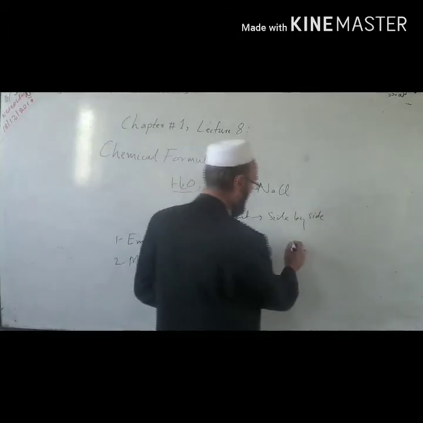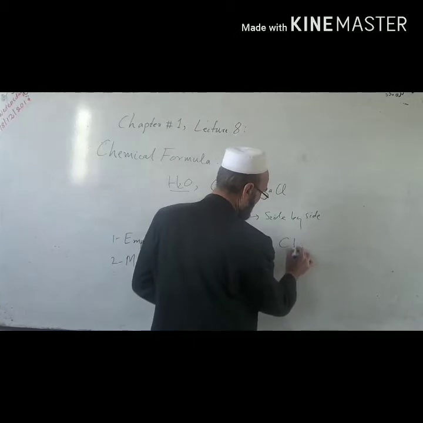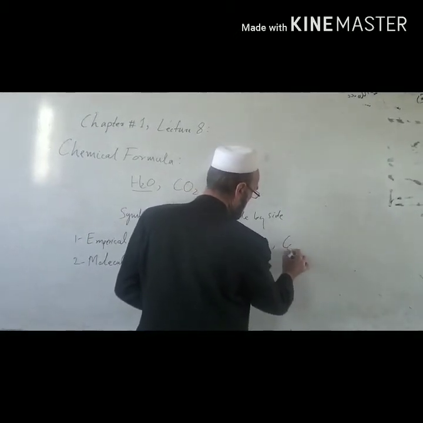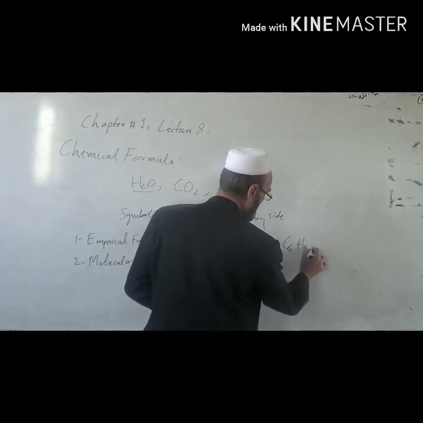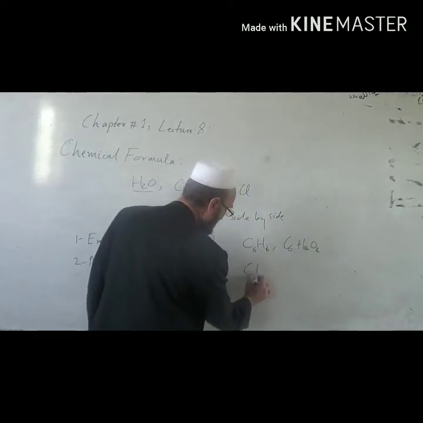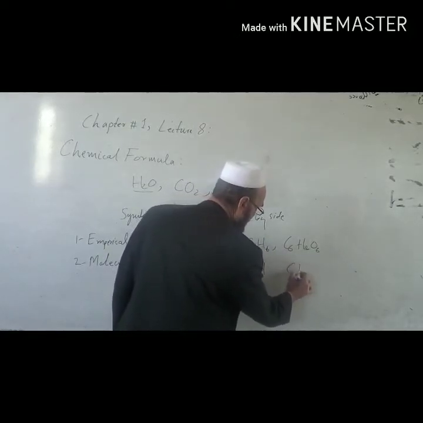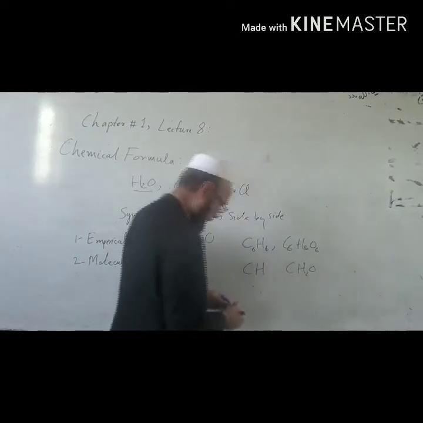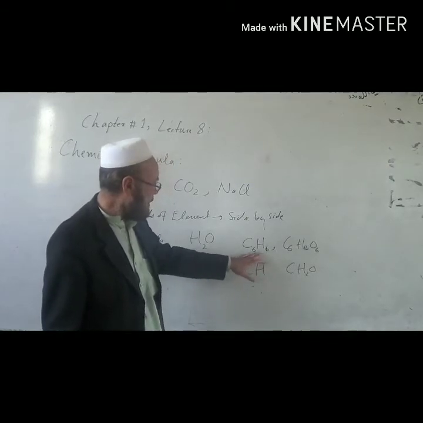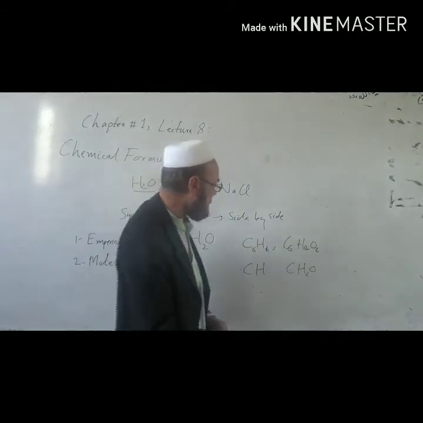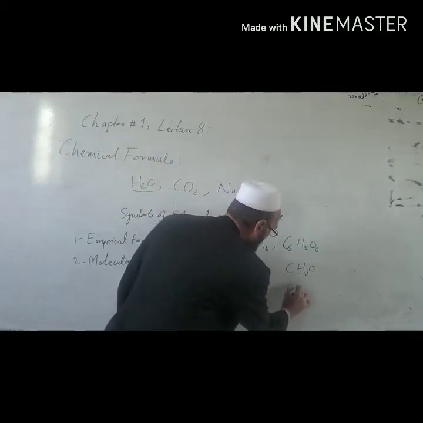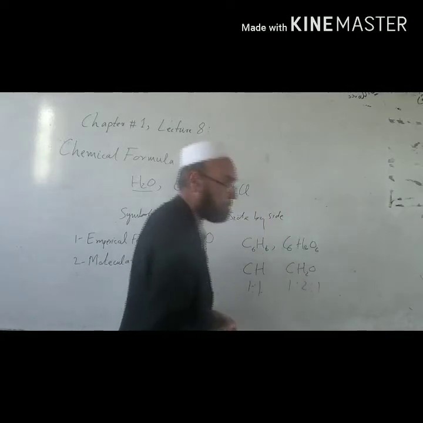For example, if we have C6H6 benzene and C6H12O6 glucose, and their simplest form is CH and CH2O, then CH shows the same ratio as in C6H6, and CH2O shows the same ratio as in C6H12O6. That is 1:1 and 1:2:1 by mass.